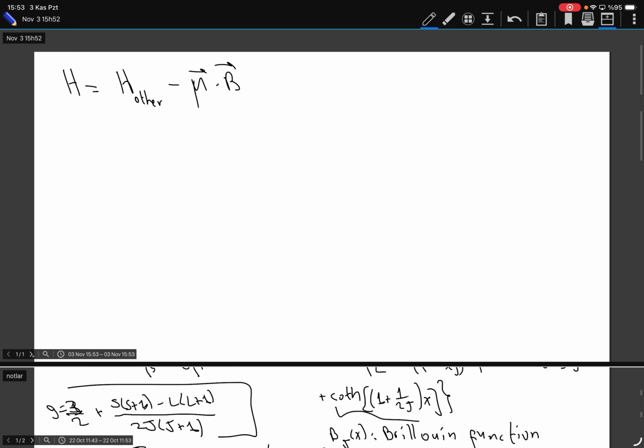But in this case, mu will be not just proportional to the spin, it will have a Q over 2m L dot B. Well, there is a component which is due to the angular momentum.